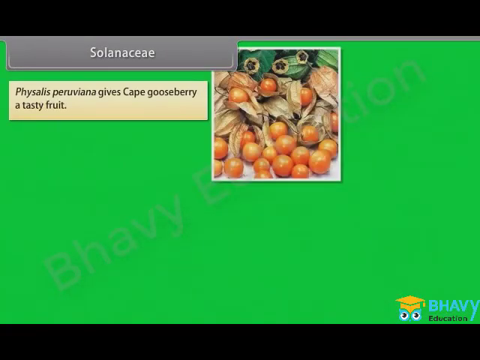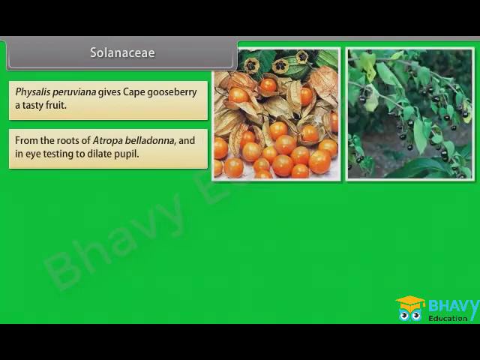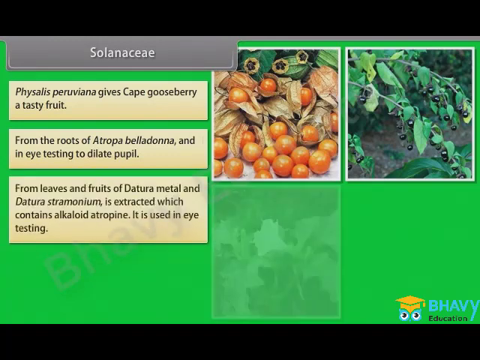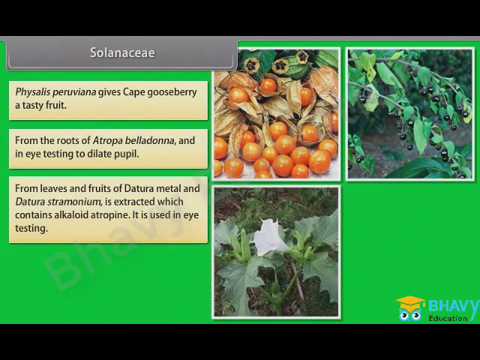Physalis peruviana gives Cape gooseberry, a tasty fruit. From the roots of Atropa belladonna, atropine is obtained, used in eye testing to dilate the pupil. From leaves and fruits of Datura metel and Datura stramonium, atropine is extracted, which is an alkaloid. It is used in eye testing.